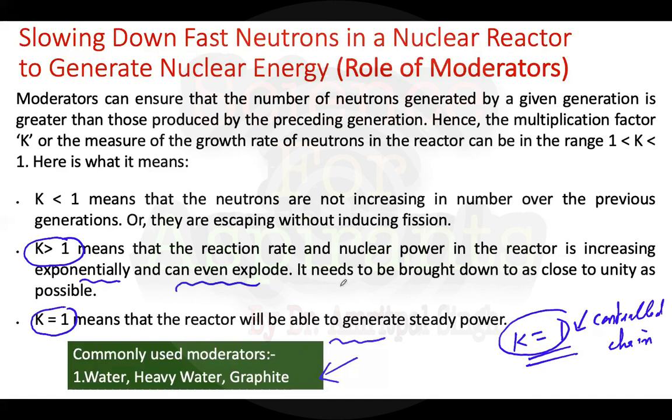And if I want to stop my nuclear reaction, I insert all the control rods completely, and those control rods absorb the neutrons being formed, so the value of K becomes less than 1 and ultimately our nuclear reaction stops. So these are the three conditions: this is for controlled nuclear reaction, this is for uncontrolled, and this is if I want to stop it.